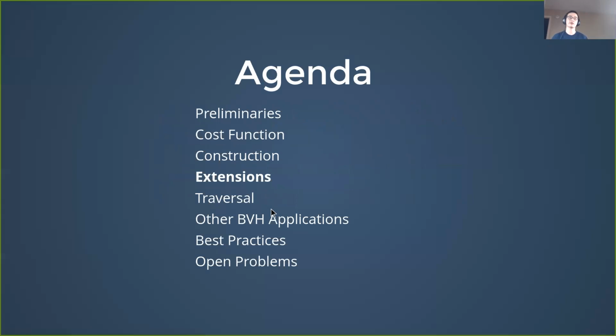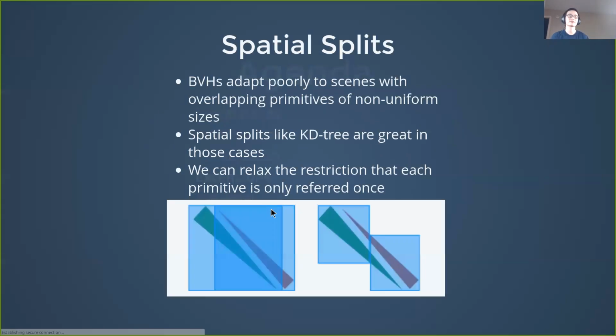Now, let's talk about extensions for BVH. The first kind of extension is spatial splitting. So remember, bounding volume hierarchy is splitting objects, not space, but it can be a poor fit for scenes with overlapping primitives of non-uniform sizes. In this case, we have two very long thin triangles, and our BVH handles them very poorly, generating largely overlapping bounding boxes.